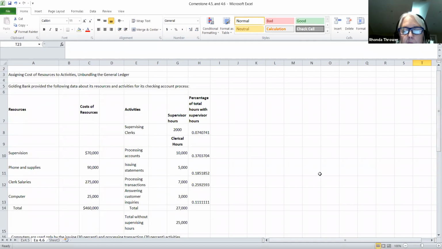But this is activity-based costing, and all we're doing is we're assigning overhead to our activities. Notice in this problem, it was just assigning overhead to activities. In the previous problem that we did today, it was assigning the activities to the products.